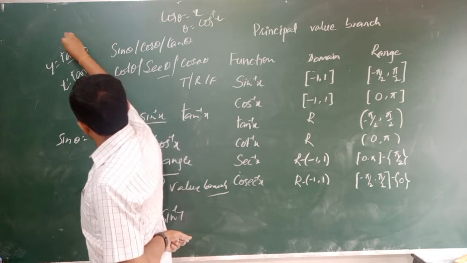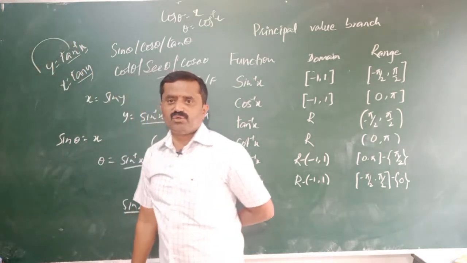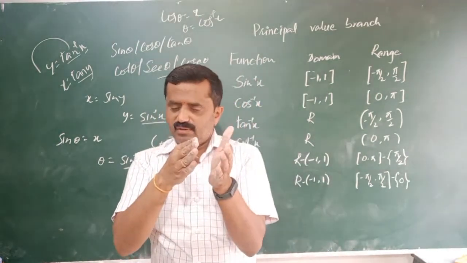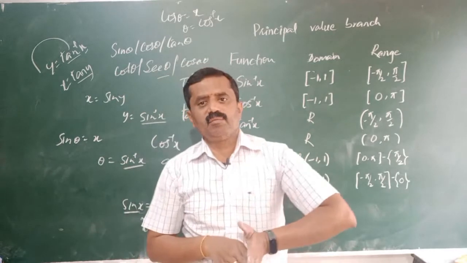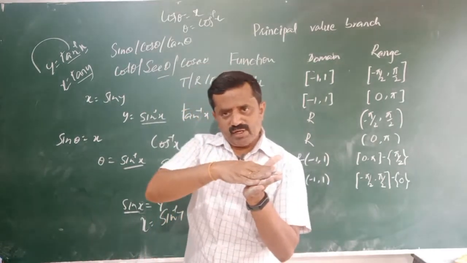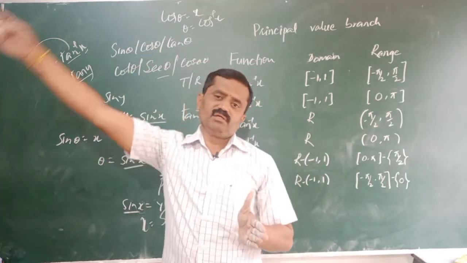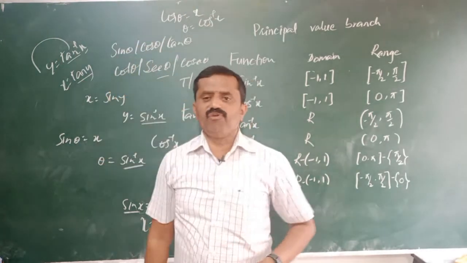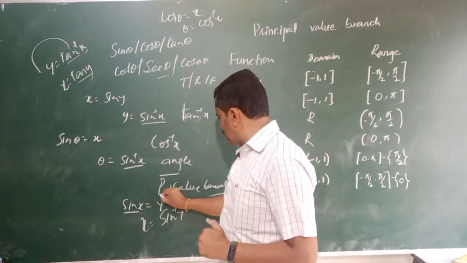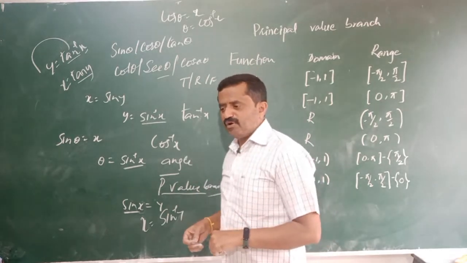When you brought this to LHS, now this becomes a trigonometric ratio. Again, whenever you shift either trigonometric or inverse trigonometric functions, an inverse trigonometric ratio becomes trigonometric and trigonometric becomes inverse trigonometric function. You should remember this.